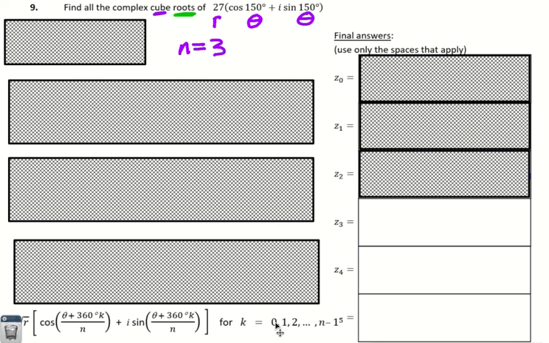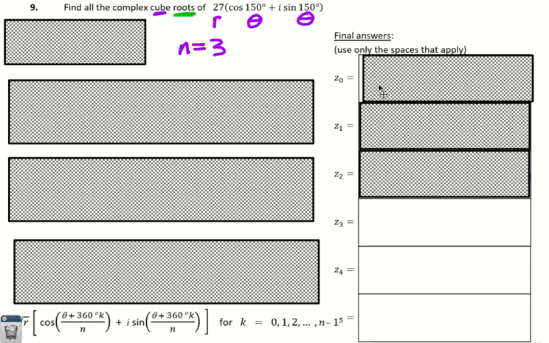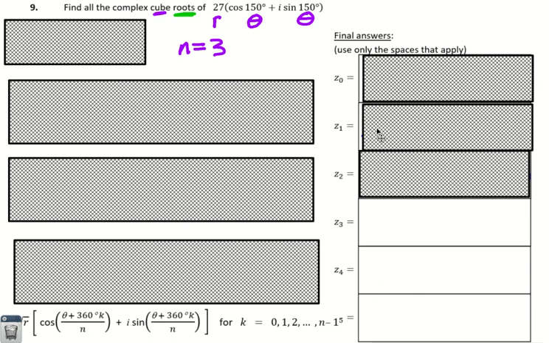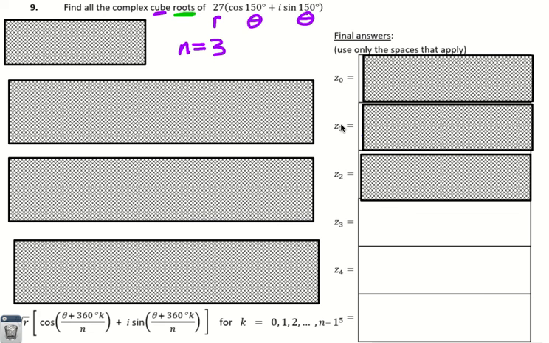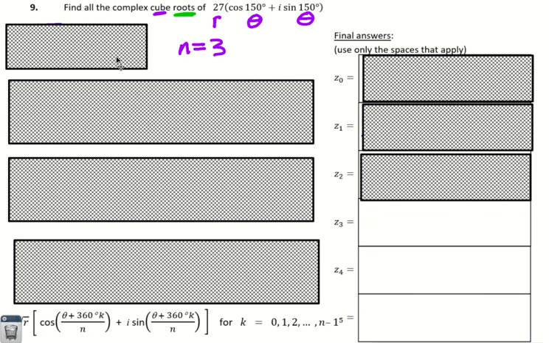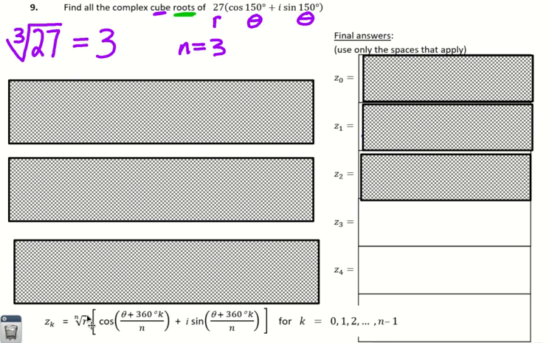So we're going to use k equals 0 to get this one, k equals 1 to get this one, and k equals 2 to get that one, because 0, 1, and 2 make a total of 3 roots. Now for this part, we have to do the nth root of r, so the third root of 27, and that's always going to be 3, right?